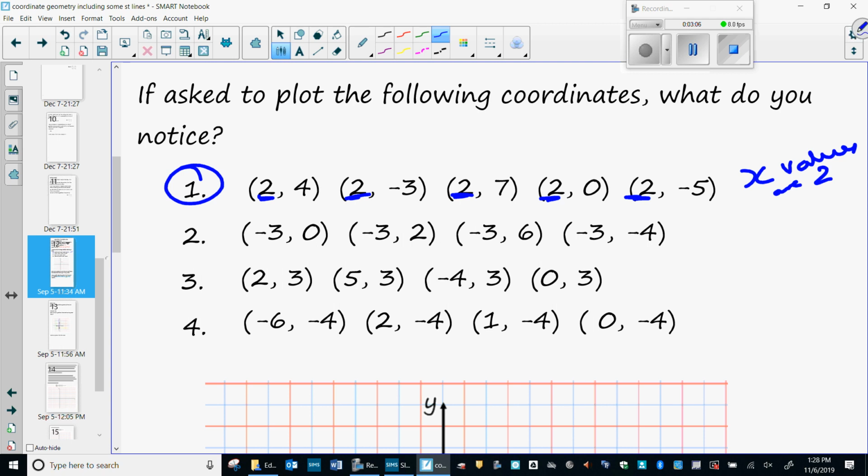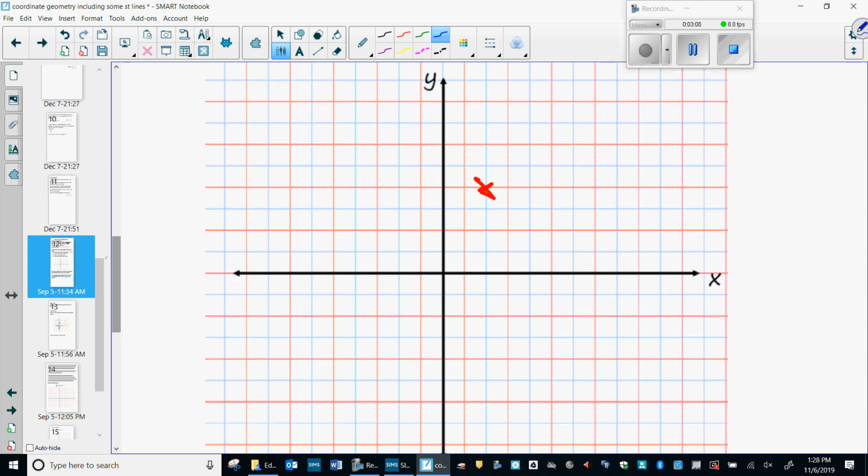Now let's have a look at the line. We should have found that the line looked something like that. They've all gone through this point here because they all have an x coordinate of 2.